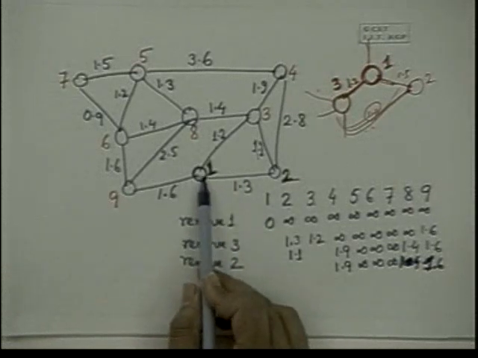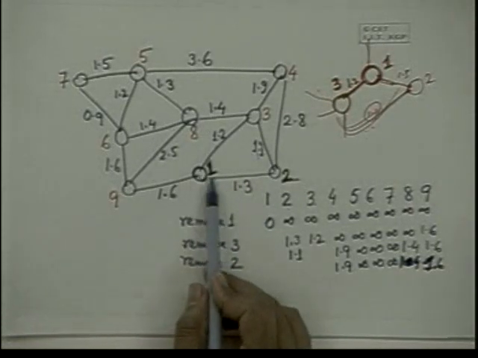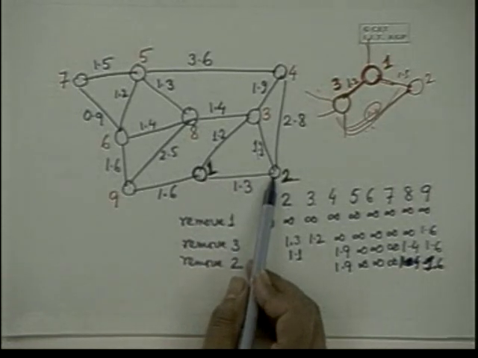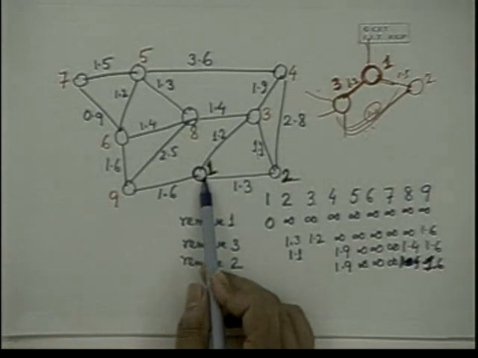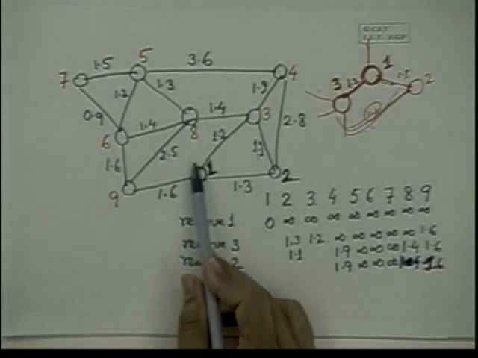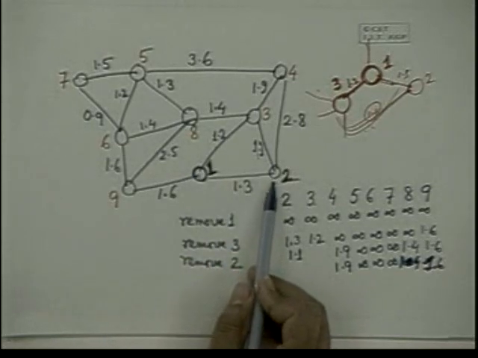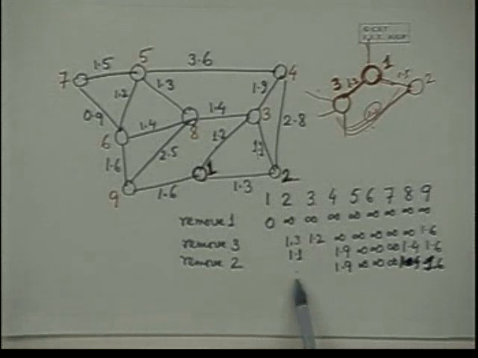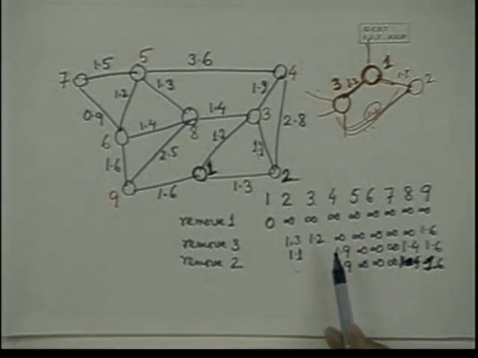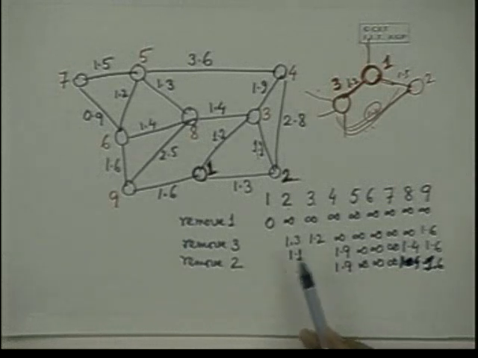Otherwise, you would have set again the priority of 1 as 1.3 to 2. Since you are checking, because 1 is not in the priority queue anymore, you will not set the priority through 1 anymore. That's why we did not write anything here. That check is needed. Otherwise you will be unnecessarily setting the priority, and probably the algorithm will choose the wrong one next.